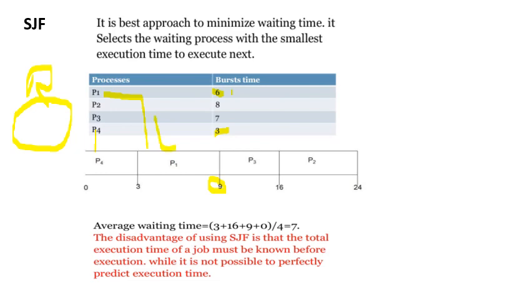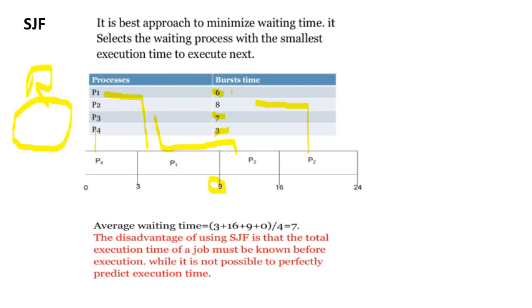So next P3 will start executing at the 9th millisecond and complete by the 16th millisecond. I'm just taking the example in milliseconds. The last remaining process in the ready queue is P2, and it will be executed next.